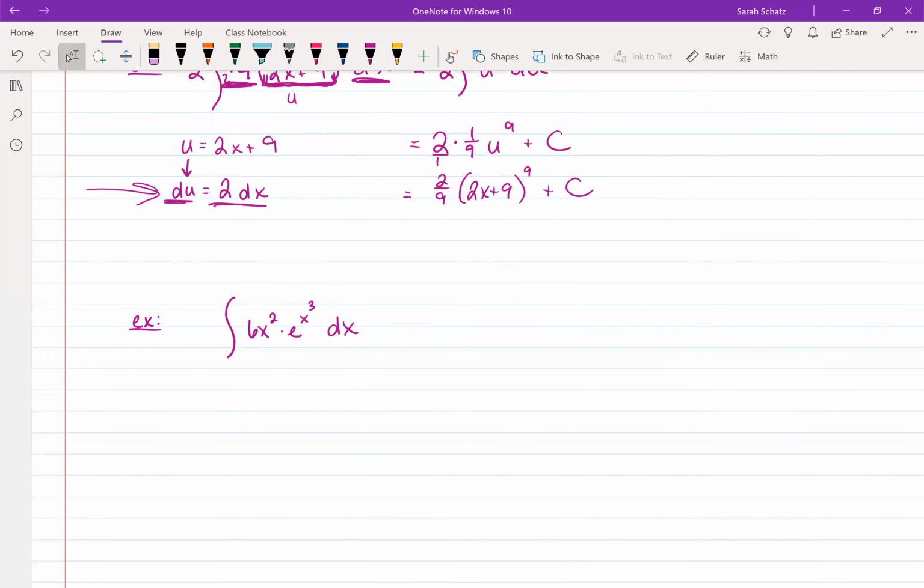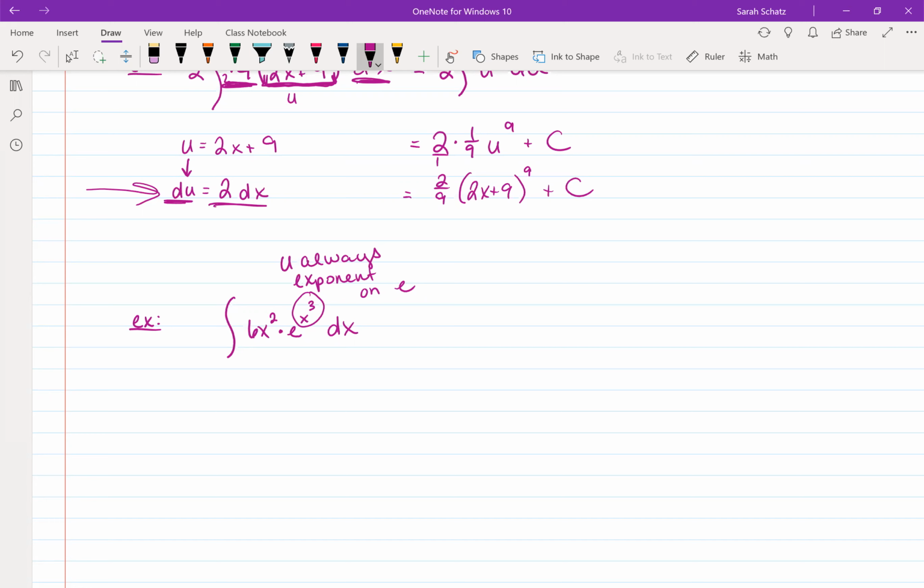You guys, when you have an e in your problem, u is always the exponent on e. So it looks different, you guys. It's a different form, and we're picking out a different value for u than we were. But if you have an e, u is always the power of e, always. And it's the whole thing, whatever that power is.